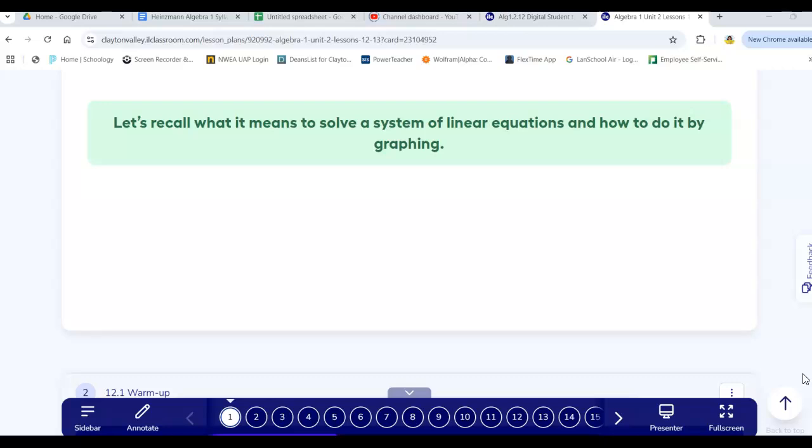Okay? So let's set the stage. You know that we have been dealing with equations for a couple of weeks now. And we've talked about what solutions to equations are, how solutions to an equation are the points on the line that equation forms.